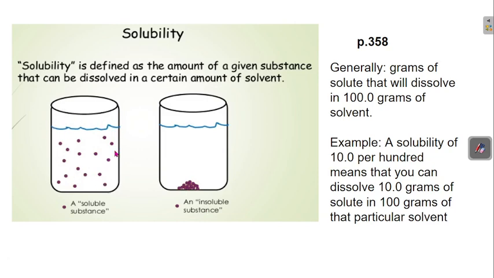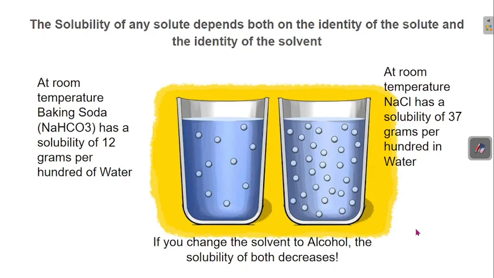And that's all you can do before it precipitates. I mean, some of the solute would still dissolve, but it would stop dissolving because it cannot hold any more of that solute. And you'll see more examples, don't worry about it. So the solubility, how much solute you can dissolve in that solvent, depends on both the identity of the solute and the identity of the solvent.